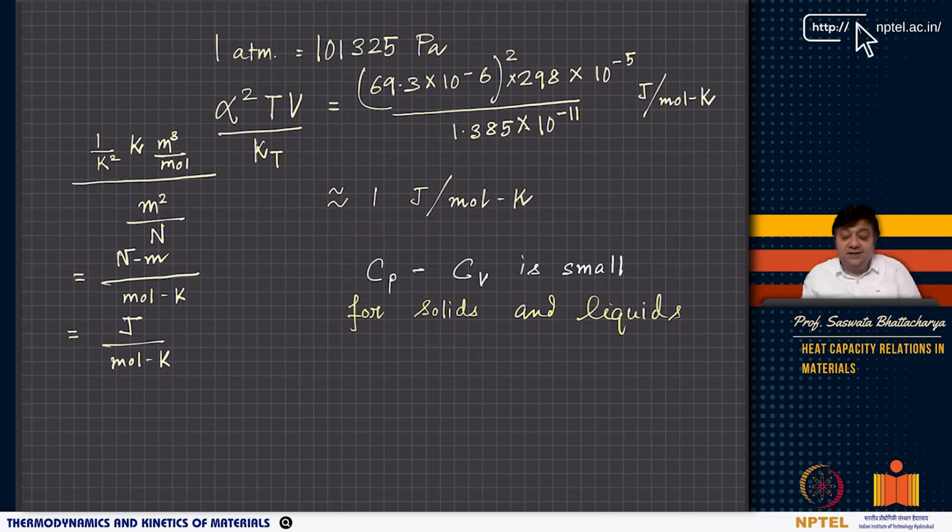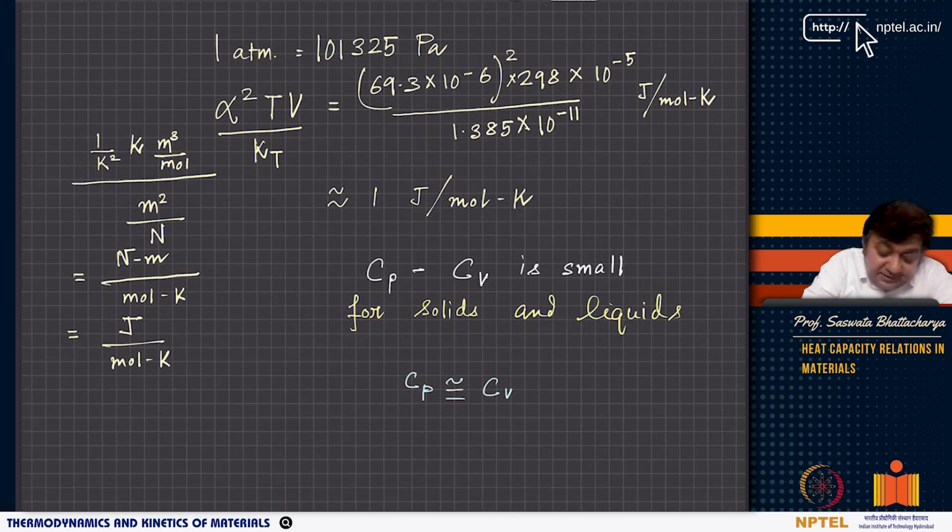On the one hand, for an ideal gas, Cp minus Cv is R, which is 8.314 joule per mole Kelvin. On the other hand, for solid aluminium, Cp minus Cv is small. Many times we use the approximation that Cp is approximately equal to Cv, or we say that the PV work contribution is very small, and we use one type of heat capacity.